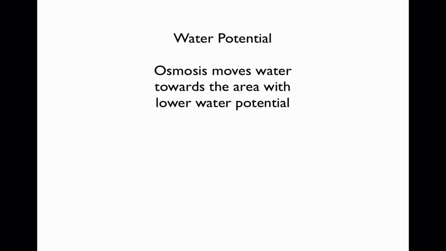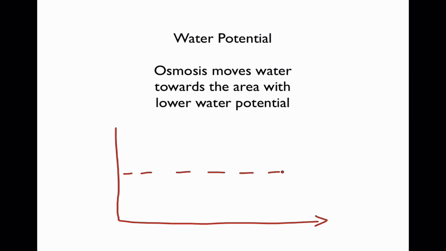Another way of thinking about this is with that graph. So if we graph, this is our zero value. On the y-axis, percent change in mass over time, you have a cell that increases in mass, it gets larger, and then finally it can't get any bigger and it levels off.